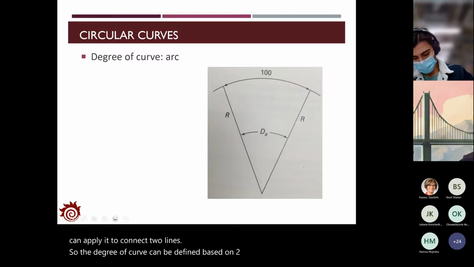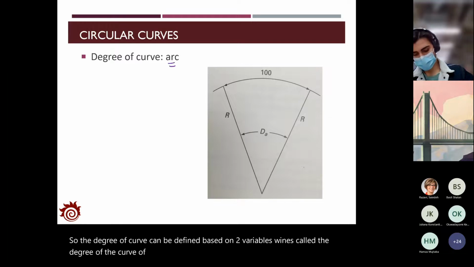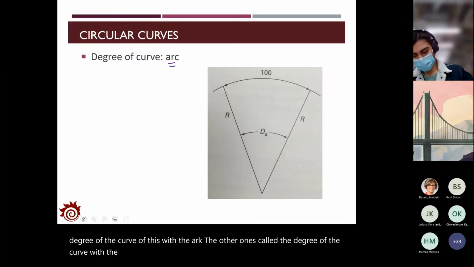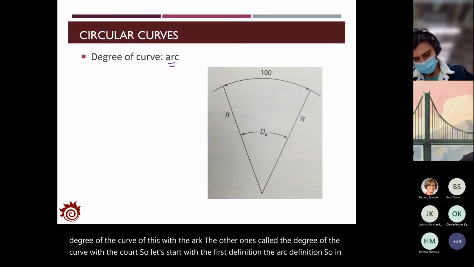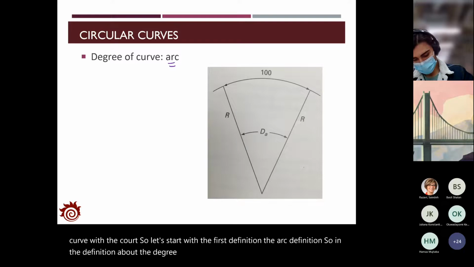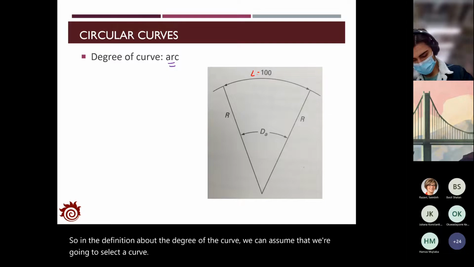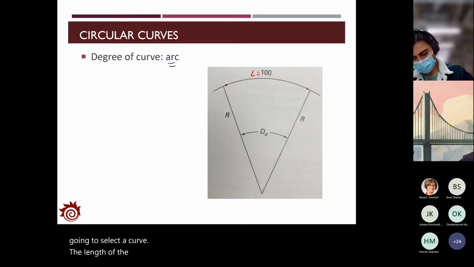So the degree of curve can be defined based on two variables. One is called the degree of the curve with the arc. The other one is called the degree of the curve with the chord. So let's start with the first definition, the arc definition. In the definition of the degree of the curve, we can assume that we select the length of the arc with the value of 100 meters.